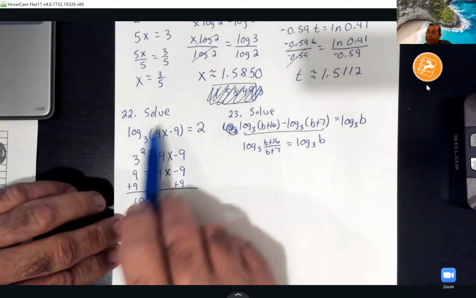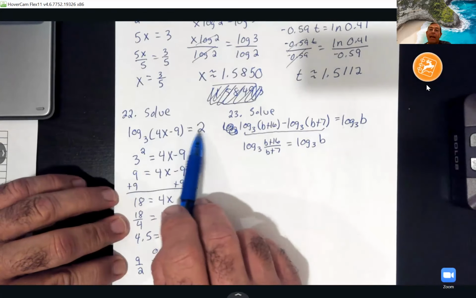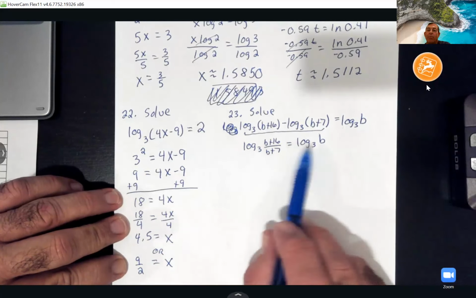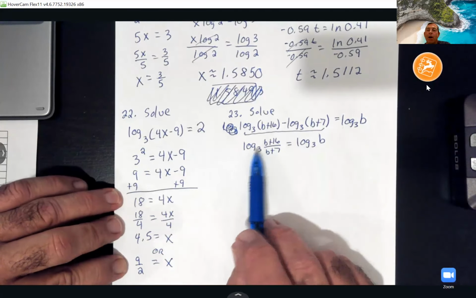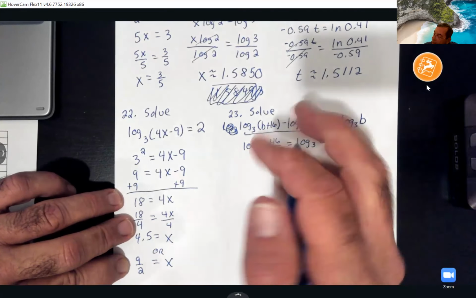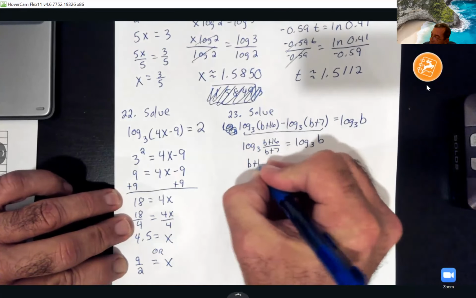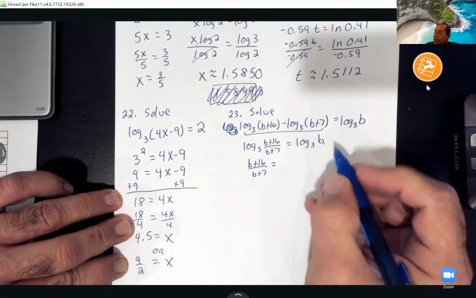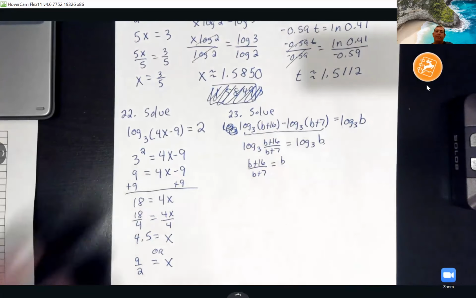So this one will be different than this one, because over here I didn't have a log on the right side. This one I got log base 3 on both sides. So when the log base 3's match up, that means that the b plus 16 over the b plus 7 has to equal that b.